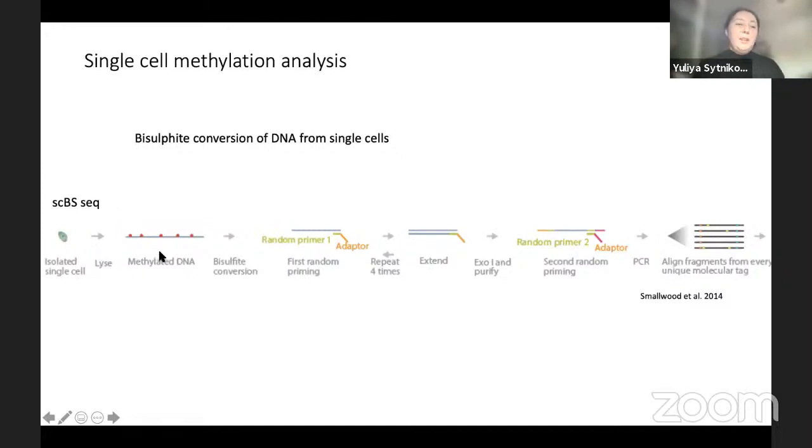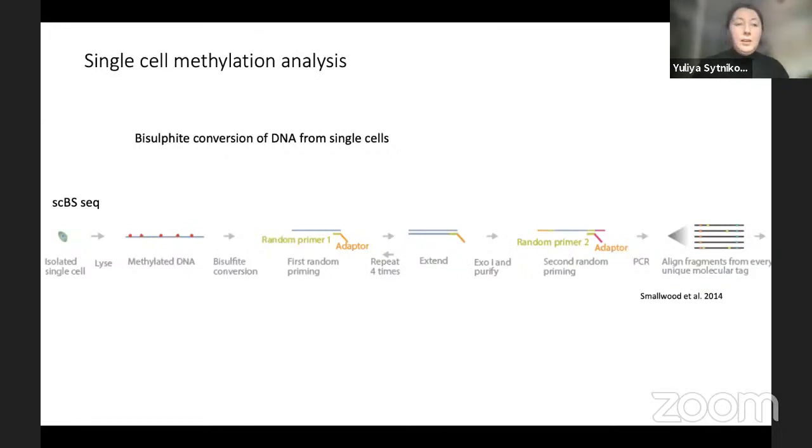So again, you separate cells with microfluidics or whatever into single cells, and DNA from single cells is converted with bisulfite, and then you have specific adapters attached by which you could separate individual cells, and you make a library, sequence and analyze.